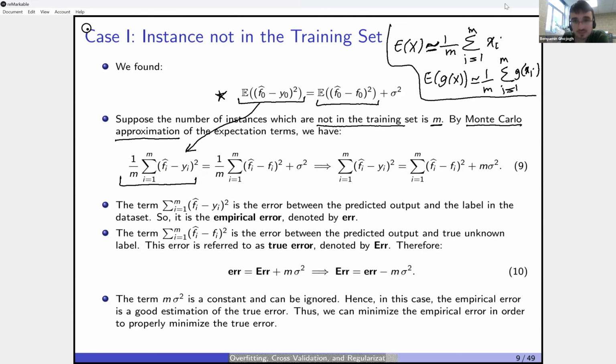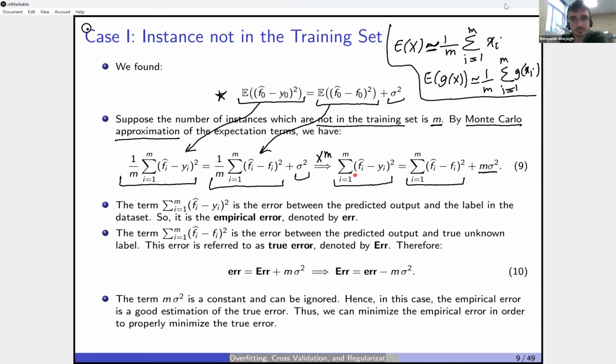Also this by Monte Carlo approximation becomes this, right? And I'm repeating the third term here. So if I multiply both sides by m, then I'll have this summation plus m sigma squared, right? Okay. Now let's discuss these two terms.